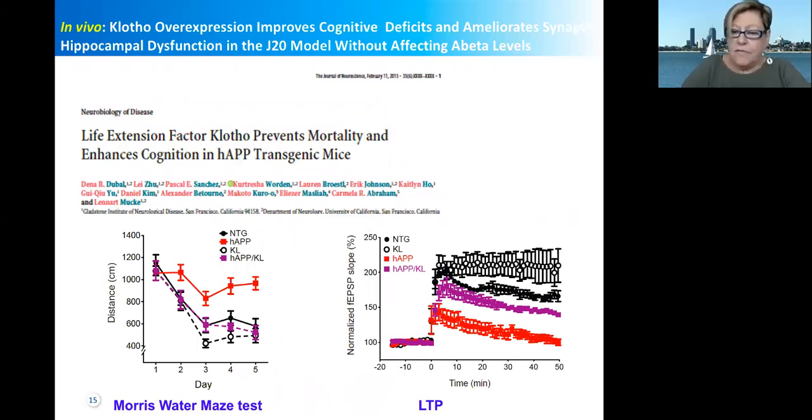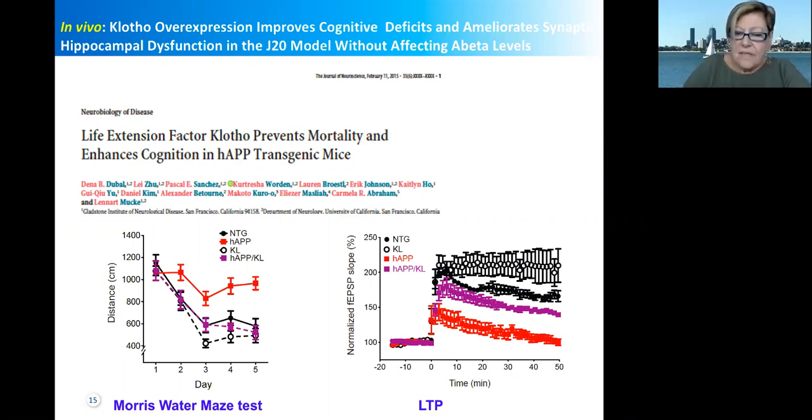Now we move to in vivo in collaboration with Lennart Mucke from UCSF. We crossed Klotho overexpressing mice with his APP mice that make plaques, and they have problems in the Morris maze and with LTP.